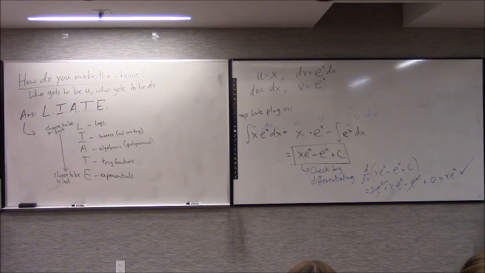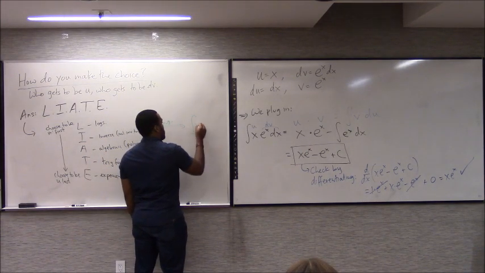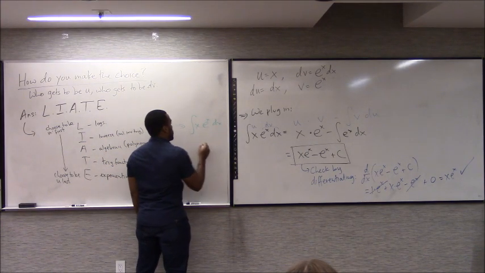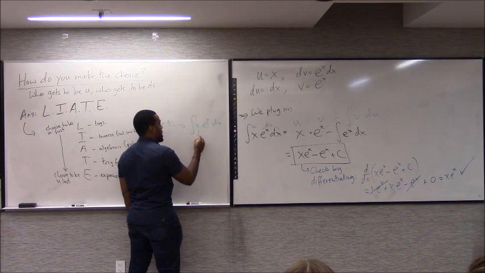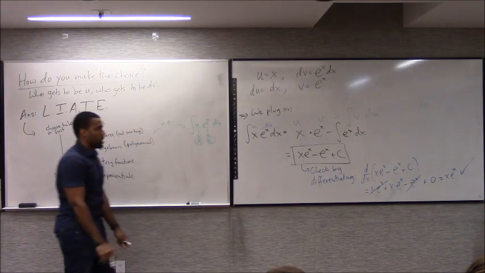So for example, in the event just now where we had the integral of x e to the x dx, you'll notice that the x falls under the A category, while the e to the x falls under the E category.